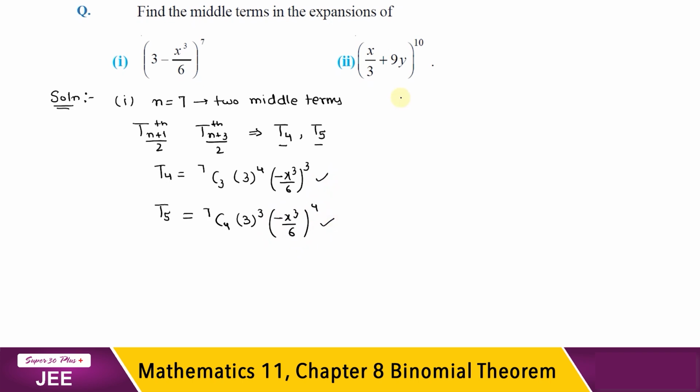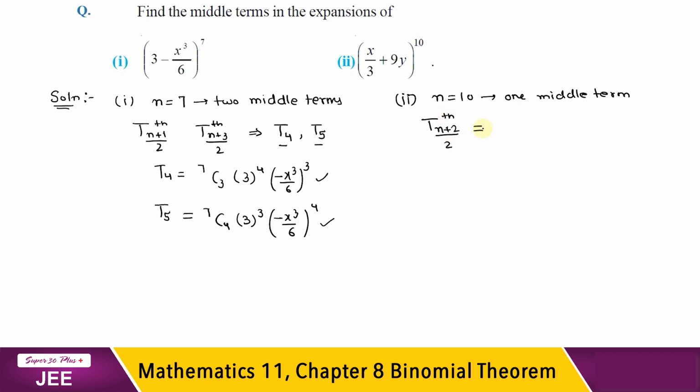For the second part of this question, we have been given the value of the exponent as 10, which is an even number. So we are going to have only one middle term, and that term will be the (n plus 2) by 2th term.